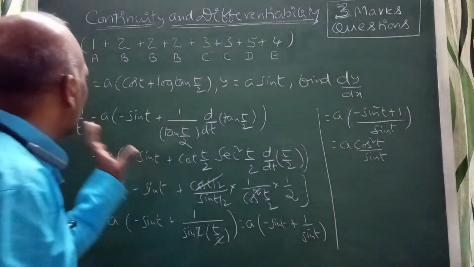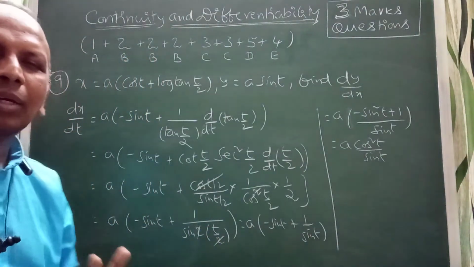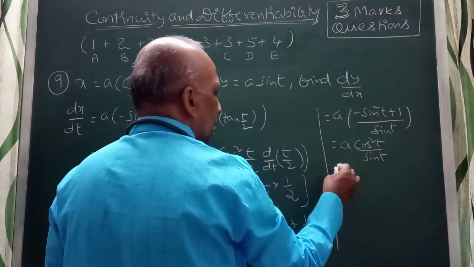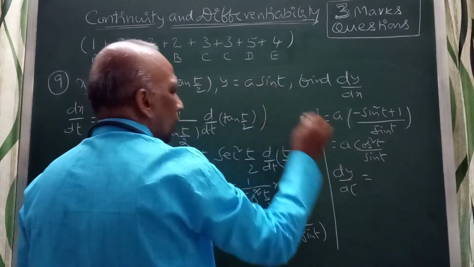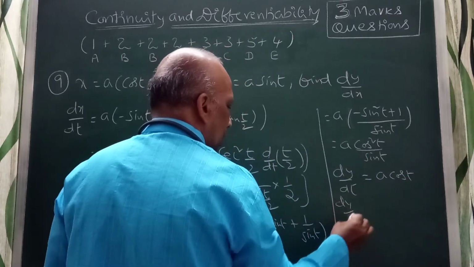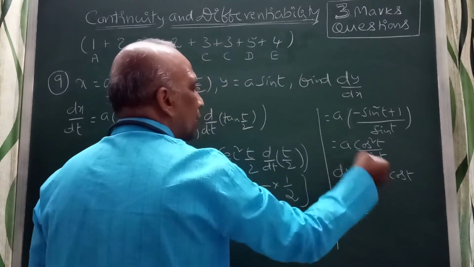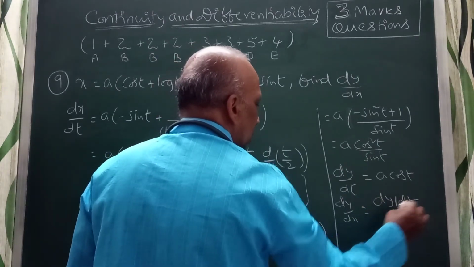I have done only dx by dt, which is the bigger one. I will explain again. You take dy by dt directly. If you take y equal to a sin t, dy by dt is a cos t. Correct. Now dy by dx: you will write dy by dt by dx by dt.